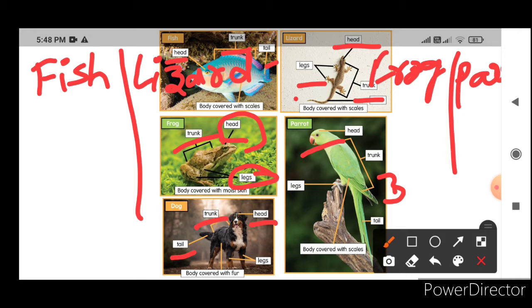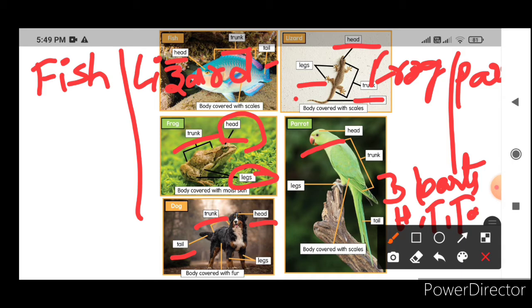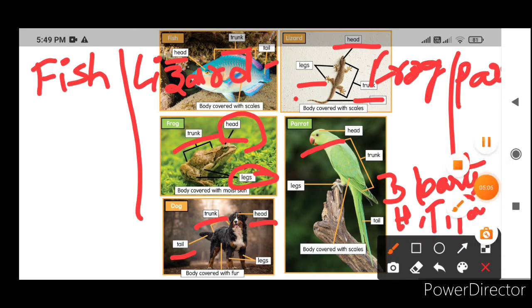So most of the animals' bodies are divided into three main body parts: head, trunk and tail. Except the frog, everywhere you are able to see these three main parts. So these are the similarities you can find in these animals.